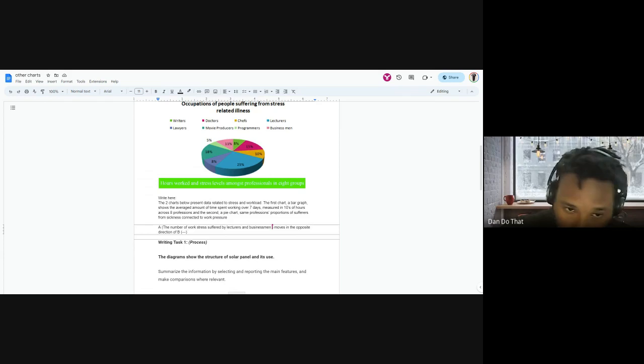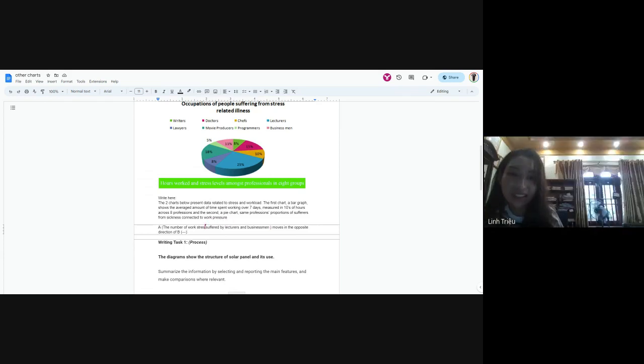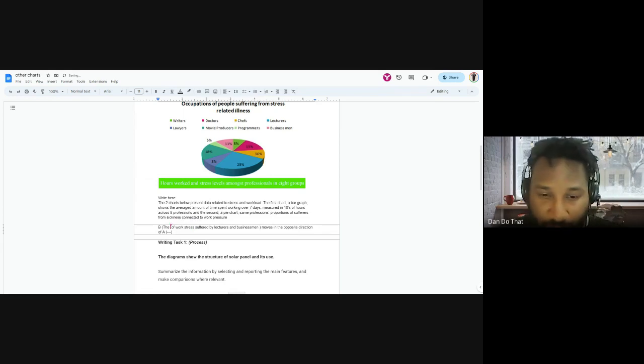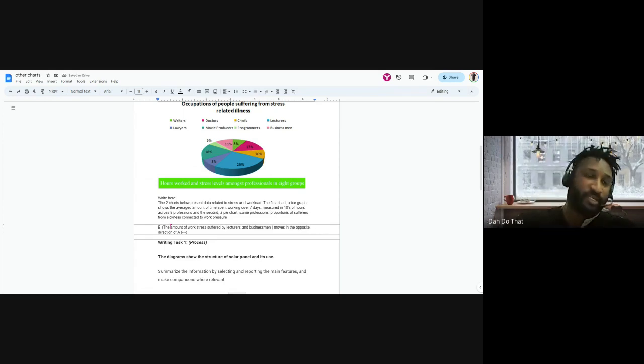So actually, let that be B, and then just make sure you write A next and leave it as right. And we can't say number because a percentage is not a number, but a percentage is an amount or portion, proportion, piece, whatever.